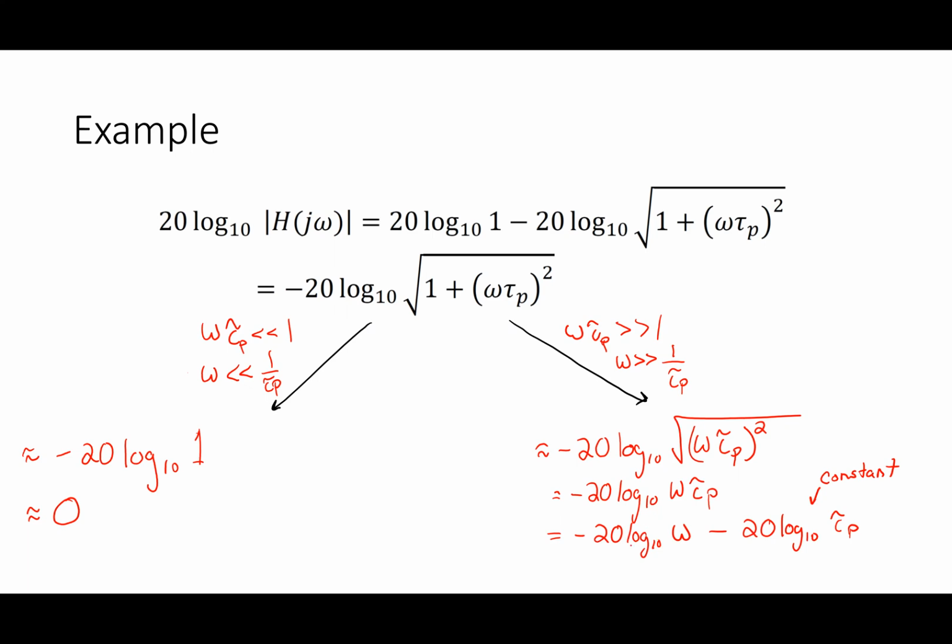On a logarithmic scale, I can think of this as my x variable, and I can think of my magnitude as my y variable. So in other words, it's like I have some function that is y equals negative 20x plus b, where x is equal to the log of omega, and y is equal to 20 log of the magnitude.